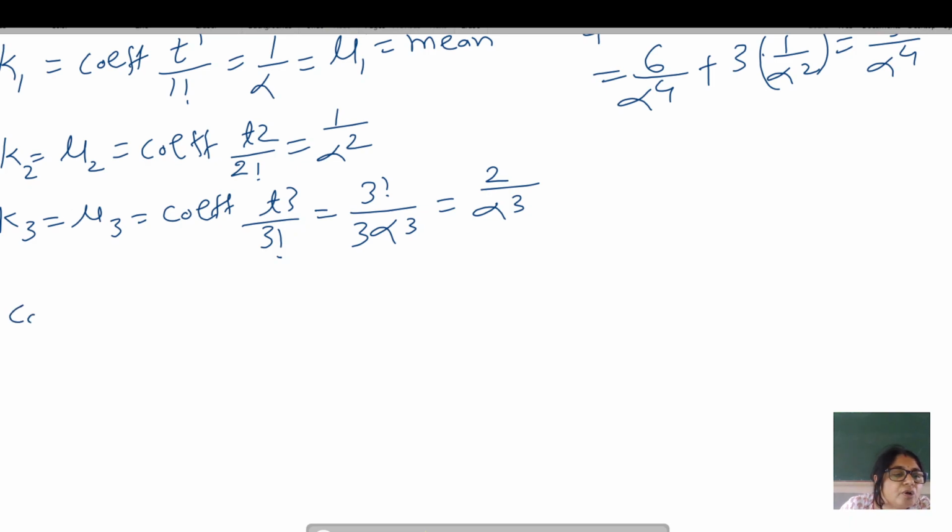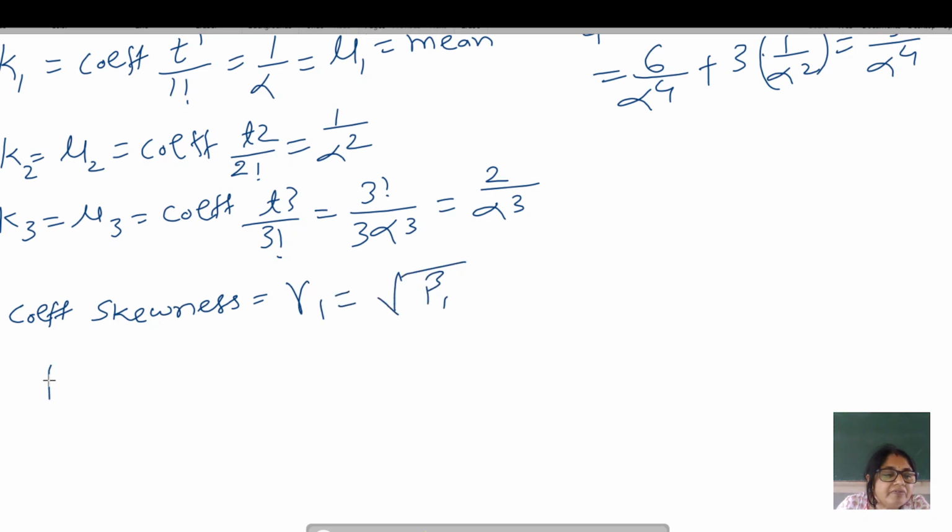So the coefficient of skewness is equal to gamma 1, which is equal to under root beta 1, right? And beta 1 we can get: beta 1 is equal to mu 3 square upon mu 2 cube. Mu 3 is what? Mu 3 is equal to 2 by alpha cube.